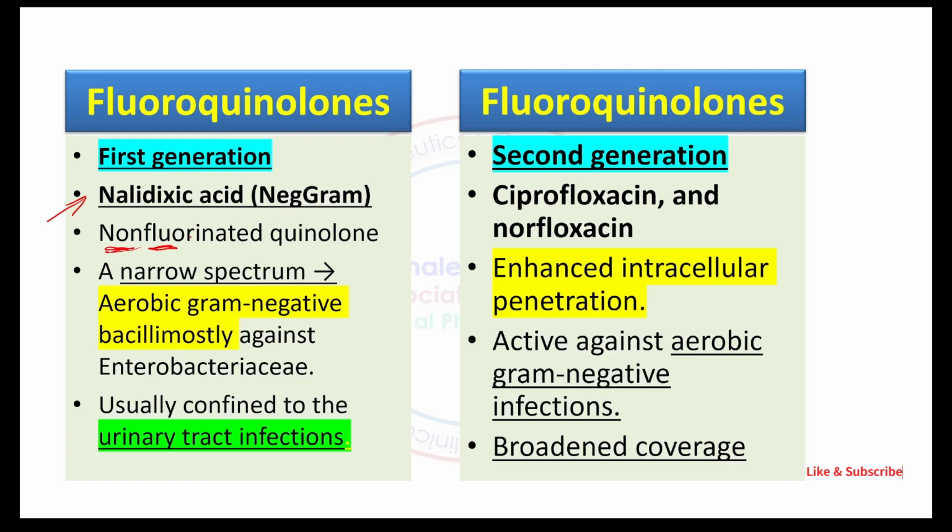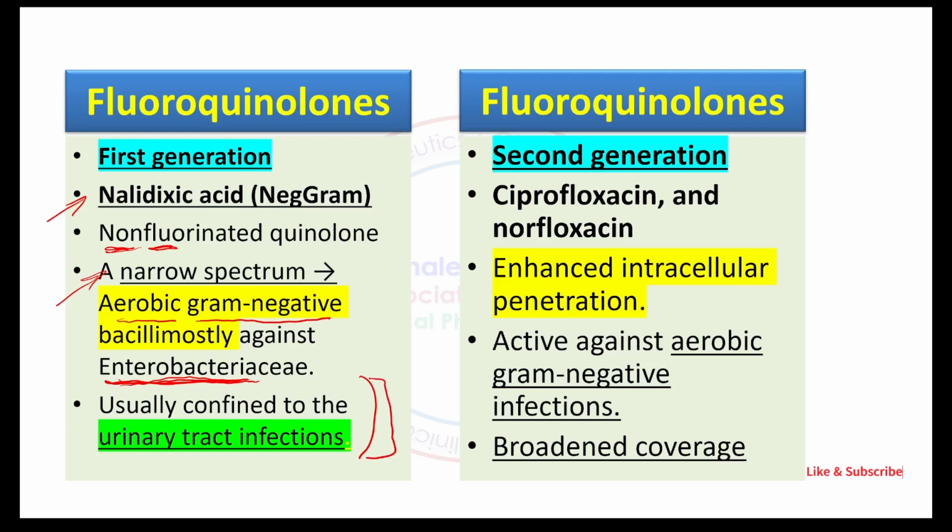Non-fluorinated quinolones are narrow spectrum, mainly affecting a specific type of bacteria. These belong to the aerobic gram-negative bacteria, and mainly affect the Enterobacter bacteria. This medication, nalidixic acid, is used for the treatment of urinary tract infection.